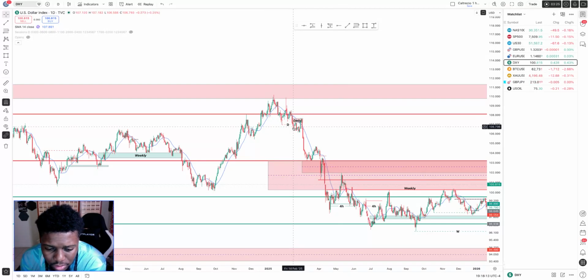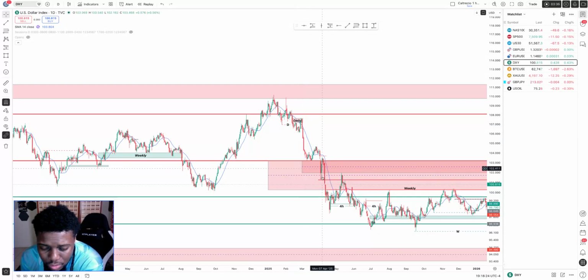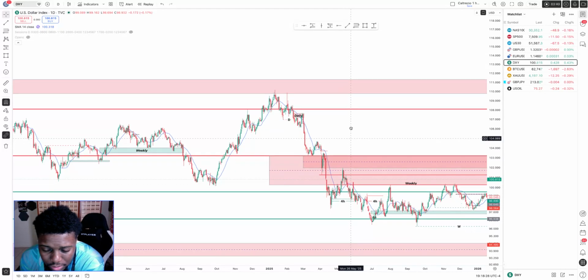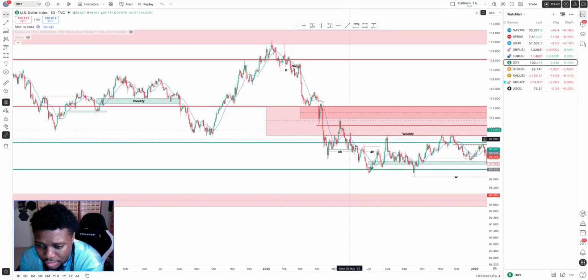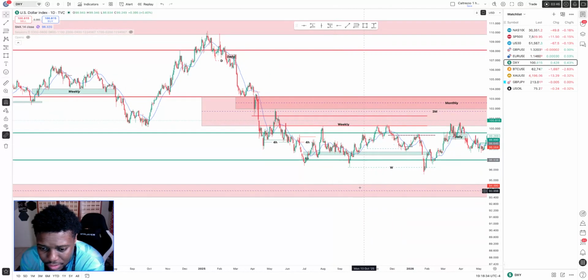This is around February. February is a good time to trade as well. We then traded up inside this fair value gap, and then that's where we had the breakdown lower, for the entire year of 2025. And then I was expecting us to get down to the 6 month fair value gap.